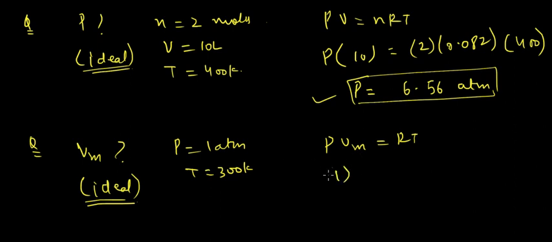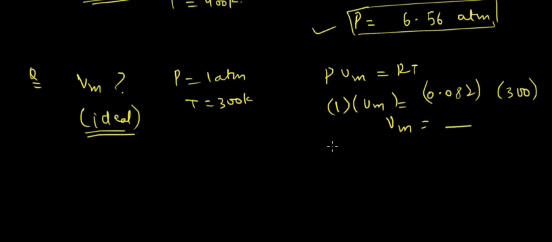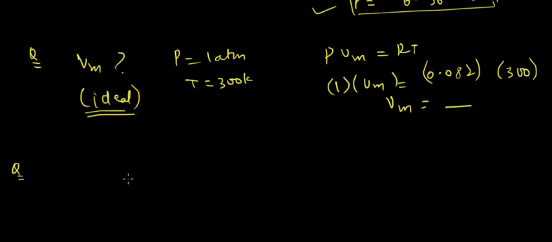So 1 into Vm equals 0.082 into 300. From here Vm will come out to be, I hope you can calculate it.